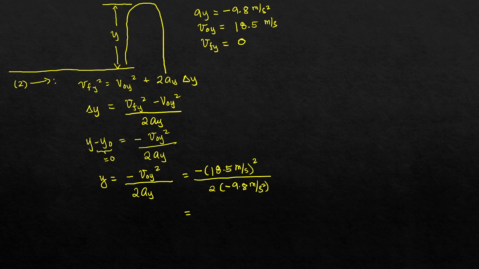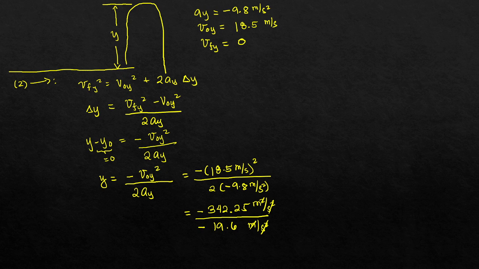What is 18.5 squared? 342.25. But there's a negative sign outside, and then here we have 9.8 times 2, which is 19.6, and a negative value again. I forgot the unit, so this is meter squared per second squared, and this one is meter per second squared. Second squared cancels out, and the meter here and another meter here cancel out.